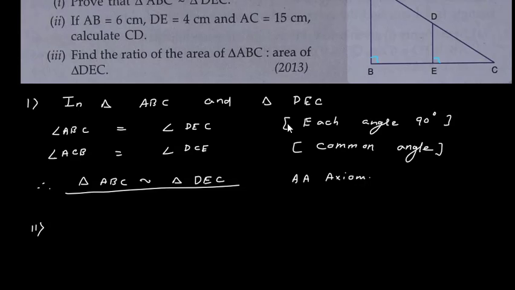Now as the triangles are similar, therefore the ratios BC upon EC will be equal to AB upon DE, which is equal to AC upon DC.